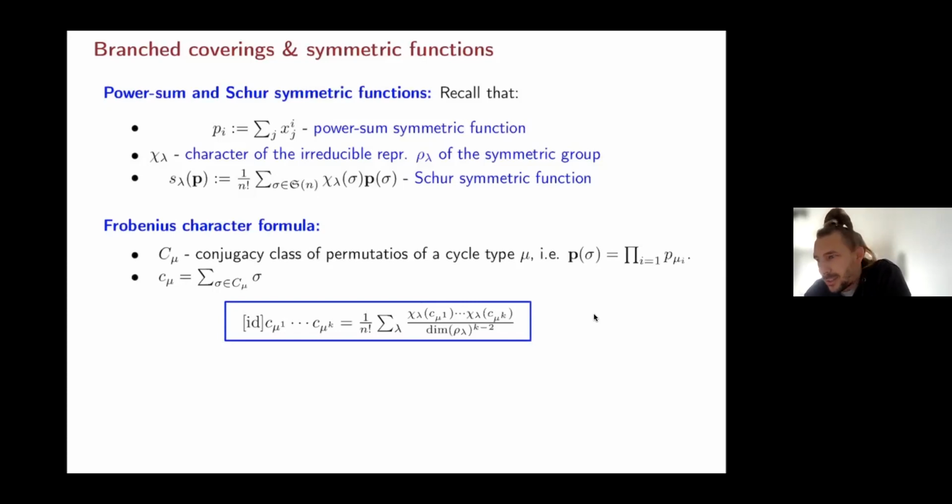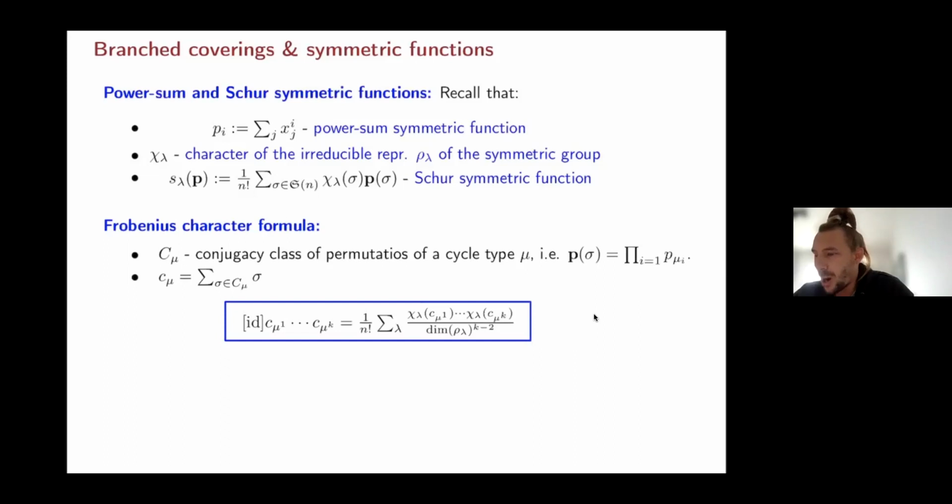It is because there is this very nice formula of Frobenius, which is telling you that if you want to understand what is the multiplication of central elements in a group algebra, you can use representation theory to do this. So basically, we are interested in factorizations of identity.